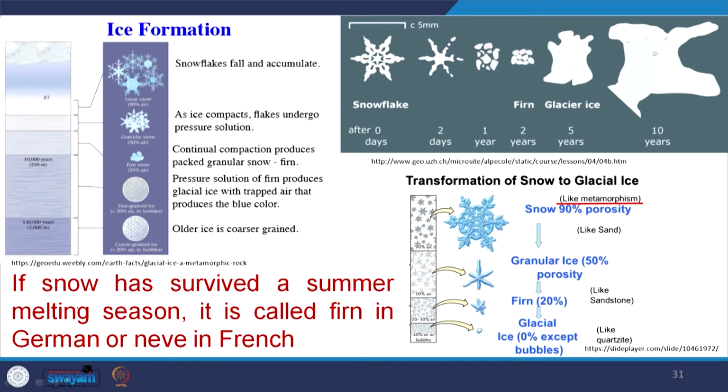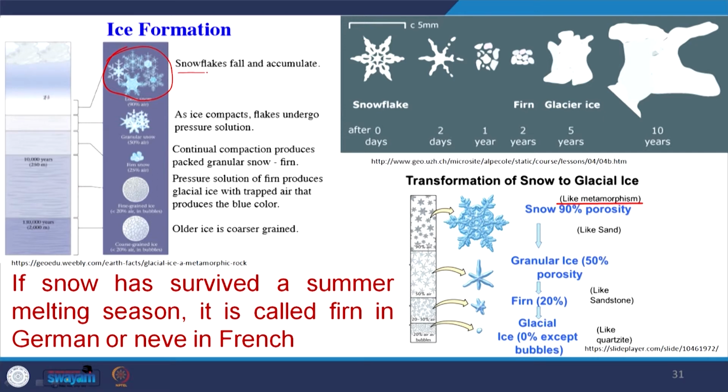In other words, it is a type of metamorphism that transforms snowflakes to glacier ice. If you see the left hand side figure here, these are the ice crystals, the crystal structure of the snowflakes. You see it is looking like a very nice flower.